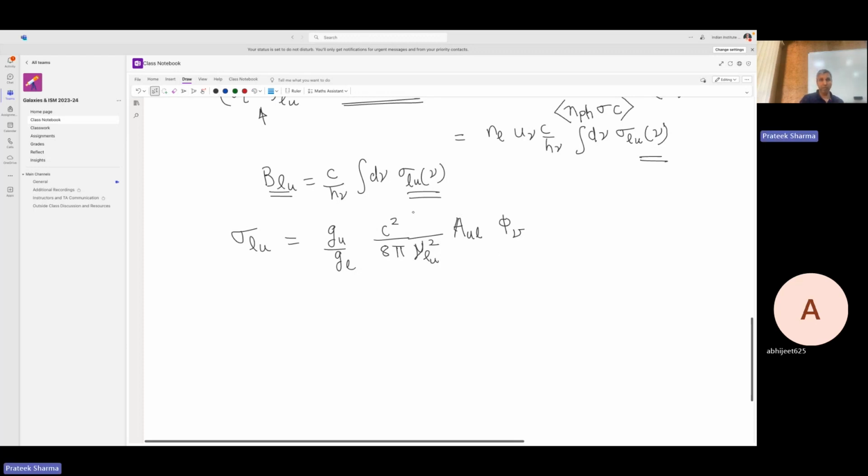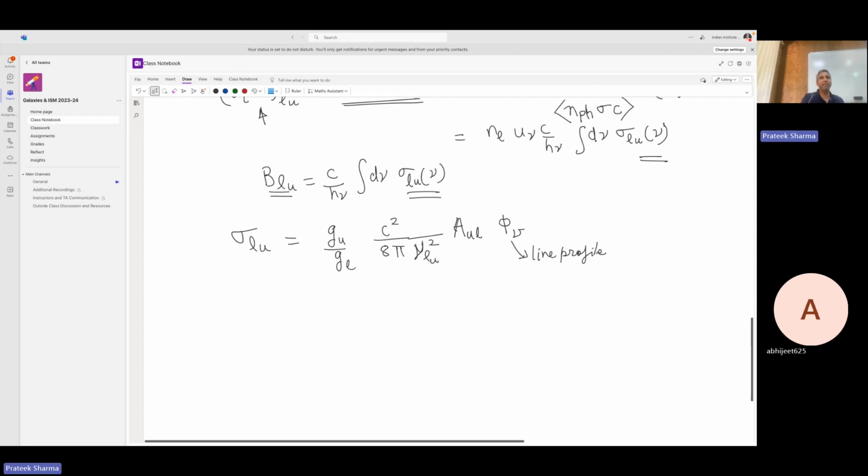Now phi nu is something called the line profile. If these transitions are infinitesimally thin, if the line width is infinitesimally thin, then you can approximate phi nu as a delta function, delta nu minus nu naught.